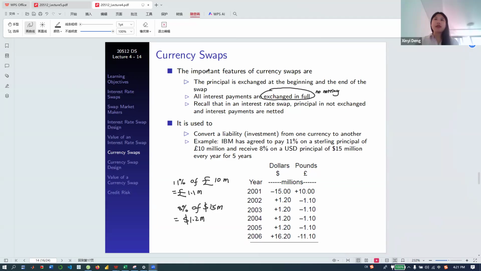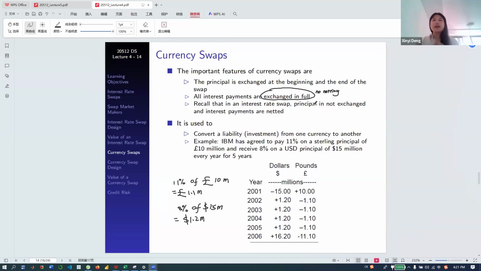So now for the currency swaps, the principal will be exchanged at the beginning and the end of the swap. And then also the interest payments are exchanged in full, so there's no netting.